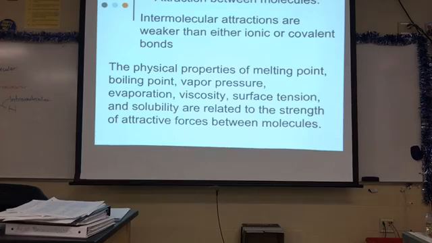If they really like each other, they flow more slowly. If they don't like each other, they flow quickly. So all of the physical properties we talk about with these compounds are due to these intermolecular forces. The more tightly they're held, the slower they're going to move. The more tightly they're held, the less they're going to evaporate. The less tightly they're held, the easier it's going to be for them to boil. Does that make sense? Yes?